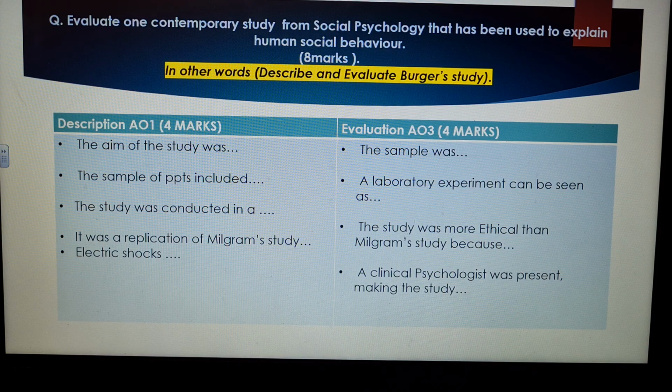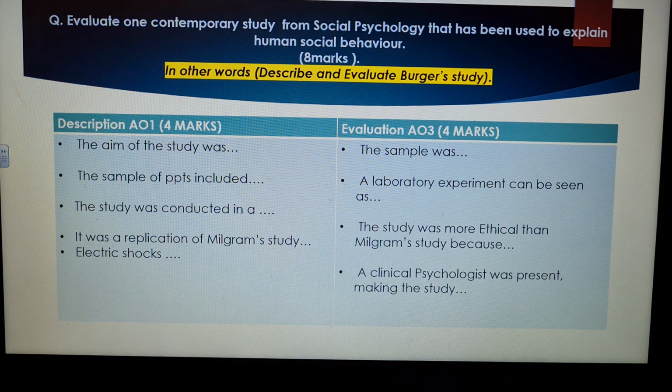So you briefly describe what obviously Milgram did and how it was a replication of Milgram's study, including the next point, which is giving the electric shocks to participants if they got one of the word pairs wrong. So you're almost like describing Milgram's study, but not in as much detail because it was obviously a replication.